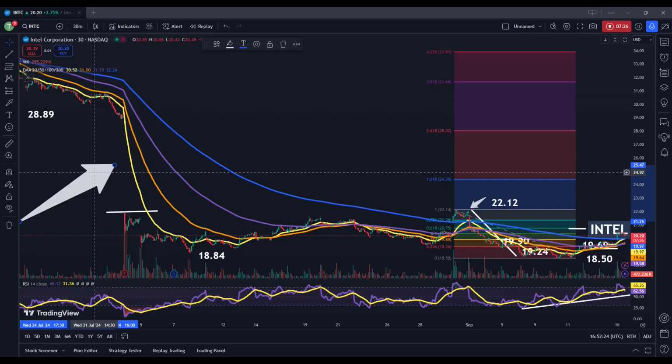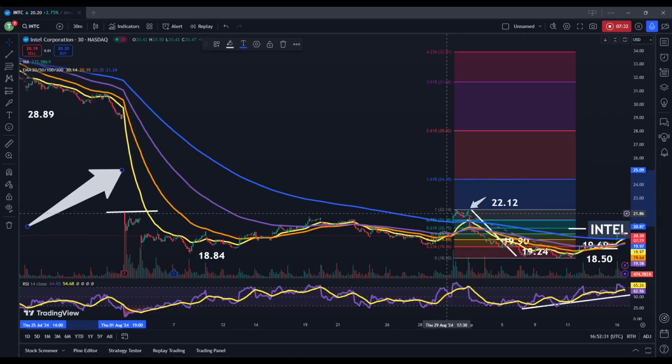So, that would be a major indicator here because we could see a very substantial price movement in that case. If we did break above $22.12 and gain some new momentum that's based on this prior price gap being refilled to the top side. So here's the current stock market update for Intel Corporation, stock ticker INTC.